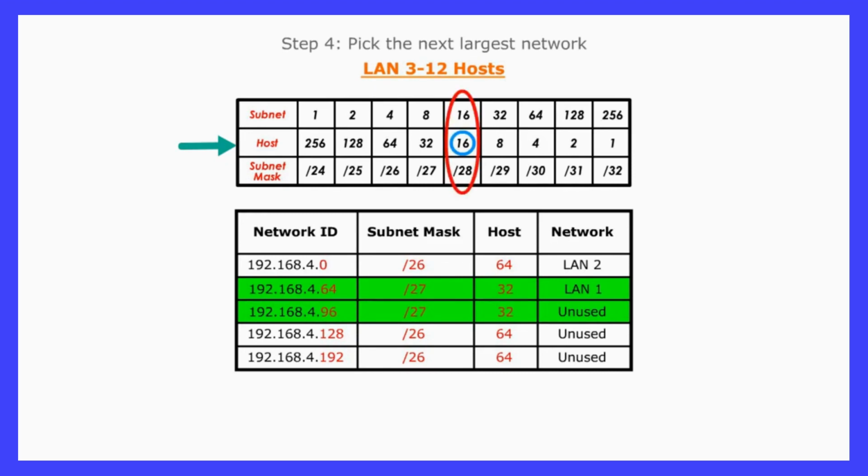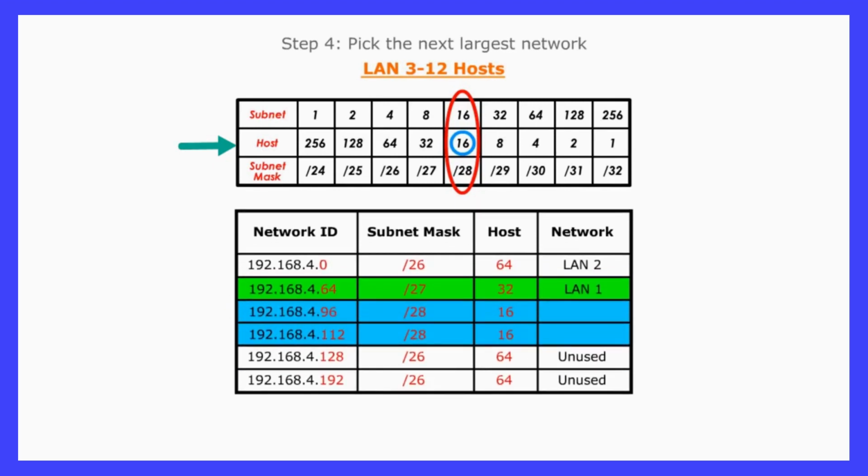Now we want to subnet the unused network 192.168.4.96/27 and further divide it into two smaller subnets with a new subnet mask /28 with 16 total host IDs.